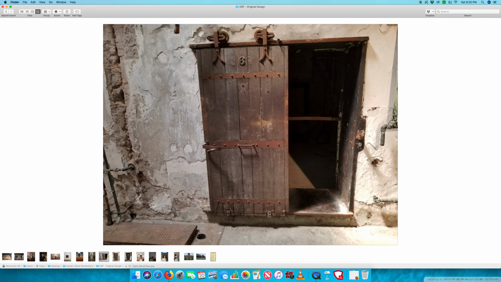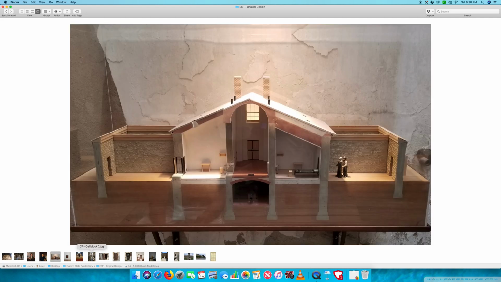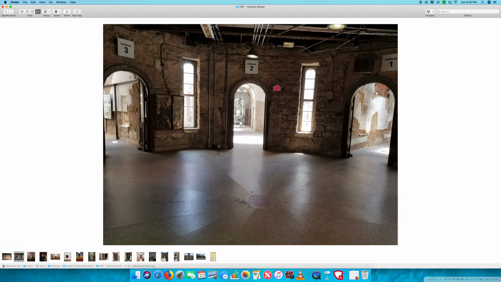What's interesting about this radial design, this concept, is this idea. So this spot here at center, you could look down cell block 1, 2, 3. All you would have to do is turn your body, and you would be able to look down every cell block in this original design.